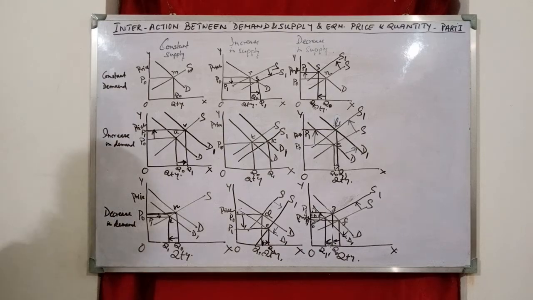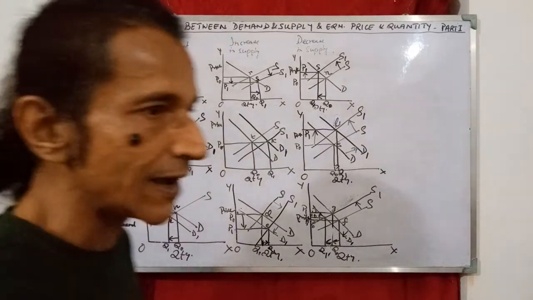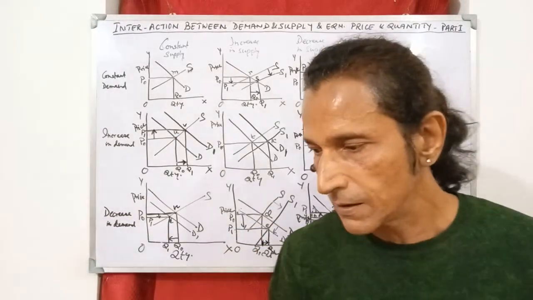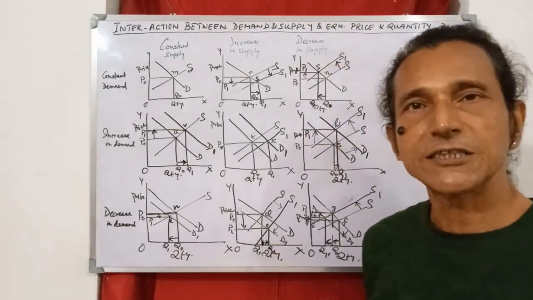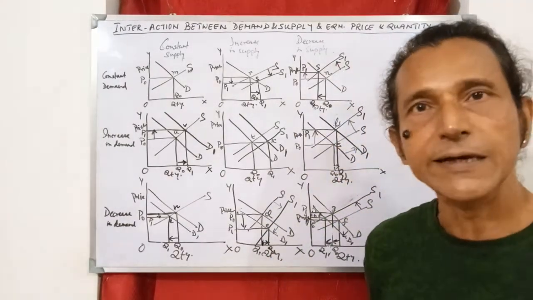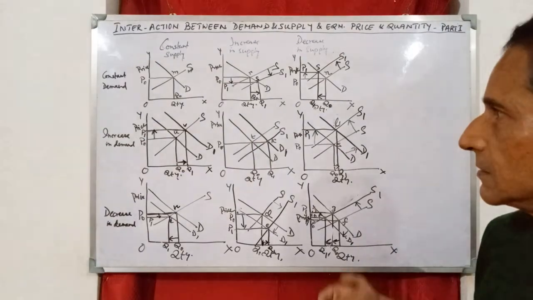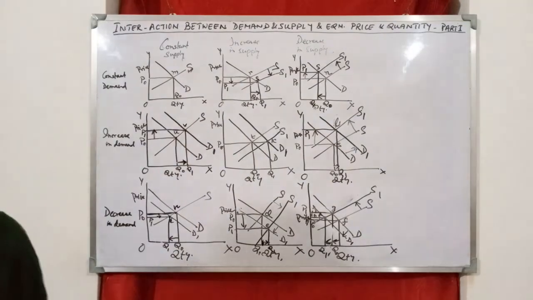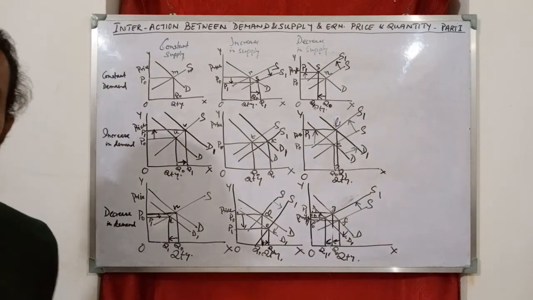So these are the 6 scenarios. I have explained diagrammatically 6 scenarios depicting the intersection between demand and supply in determination of equilibrium price and quantity. And this is part 1.